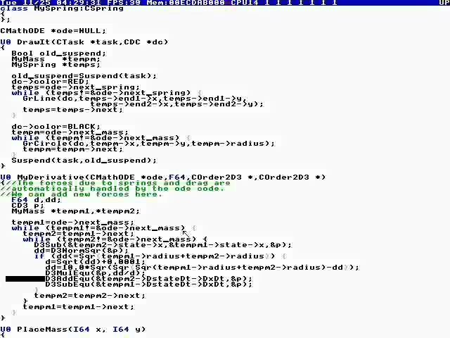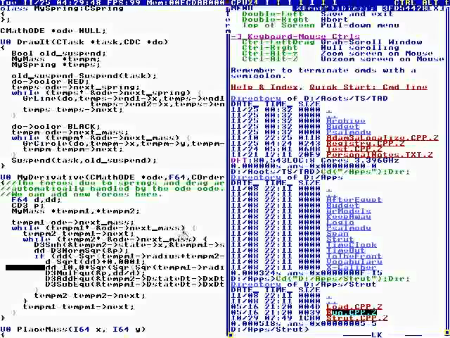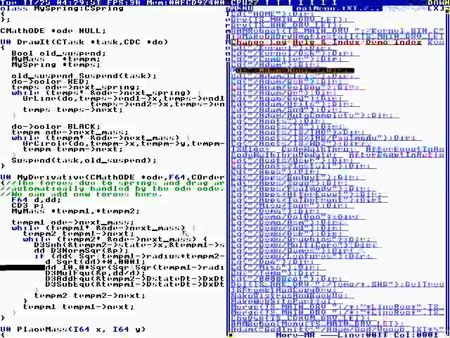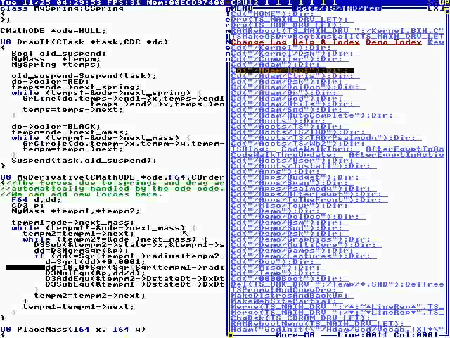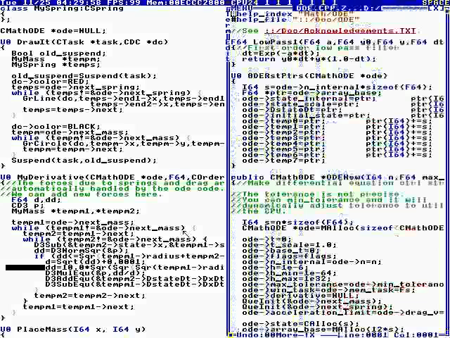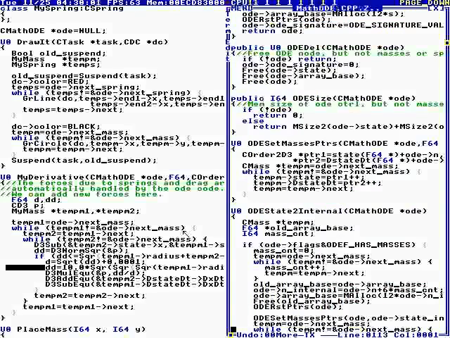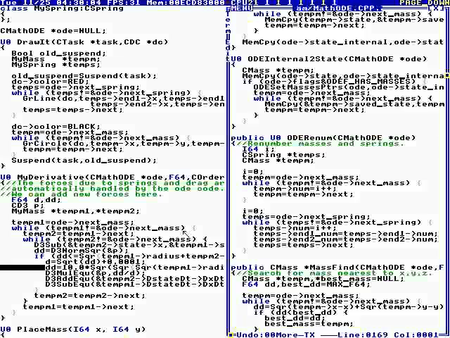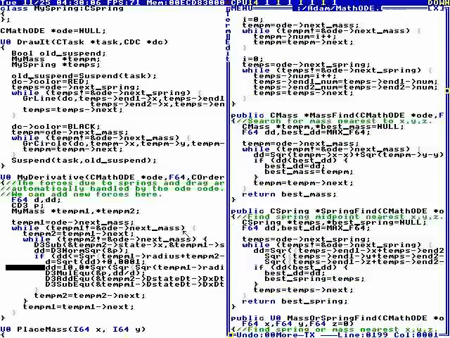And anyway, you have to tell it force equals mass times acceleration, the differential equation for physics. And it already handles, I can show you in the math, the springs and masses. It already does some of the work for you.